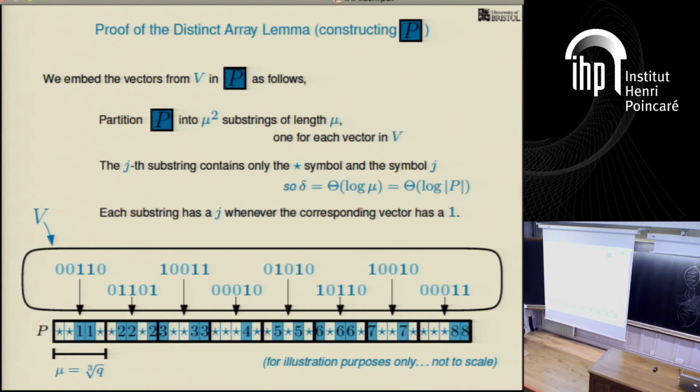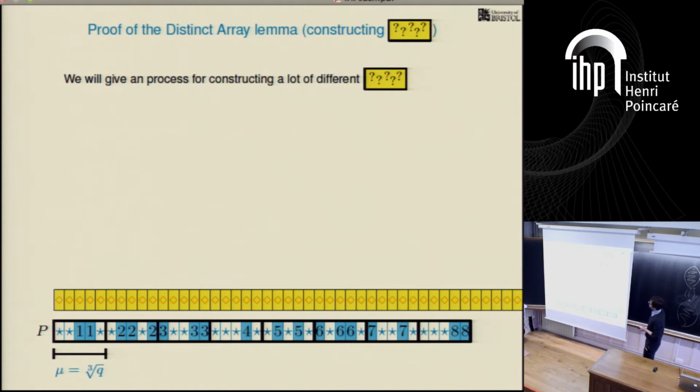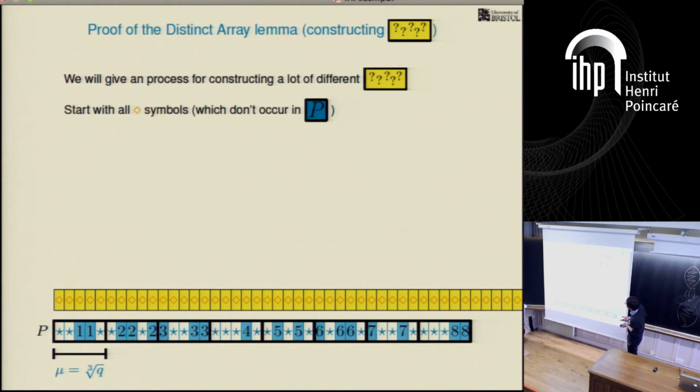I've done this in such a way that's going to allow me to embed different possible sums in the stream. Okay, so this is now a process for constructing a lot of different possibilities for blocks. So this is the pattern, this is the stream, and I'm going to tell you how to make a lot of possibilities. It's going to start with all diamonds.